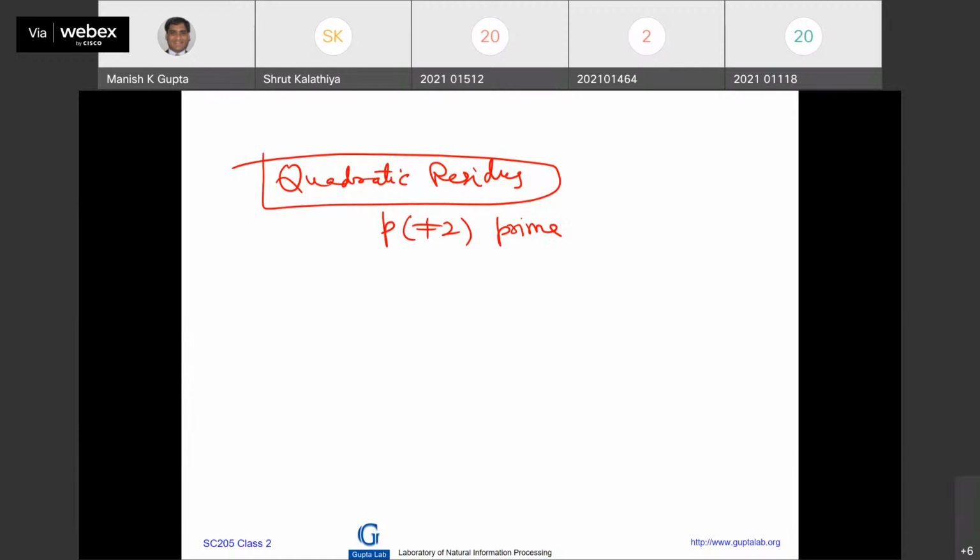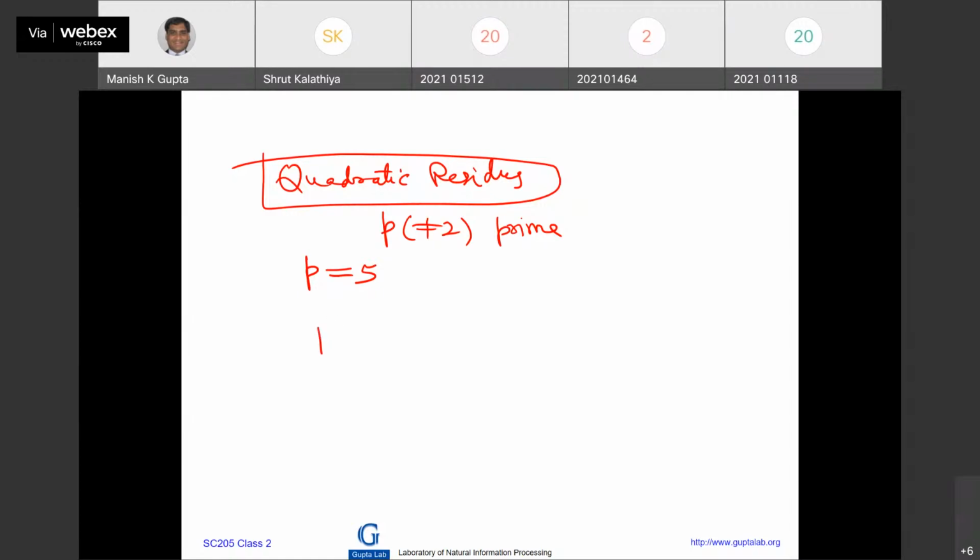Primes are very beautiful, right? As you know, primes can actually show you different connections. Anyway, p is an odd prime. Then what you do? Suppose p is equal to 5. So what are the numbers less than 5? 1, 2, 3, and 4, right?